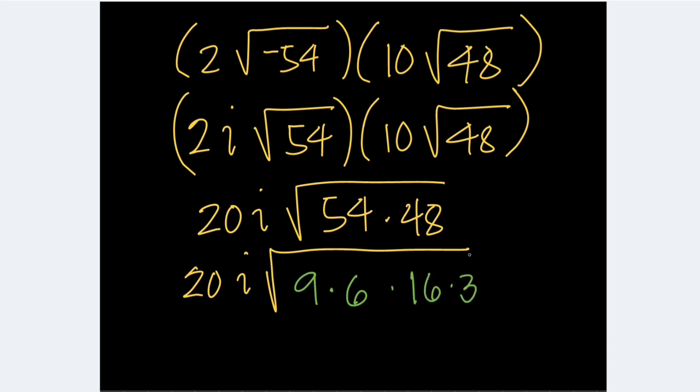16 and 3. So we can write this, since 9 and 16 are perfect squares, as 20i. Square root of 9 is 3. Square root of 16 is 4, right?